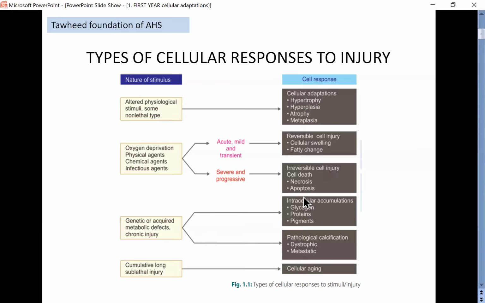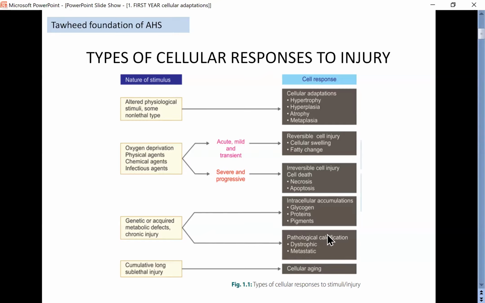If the water content increases abnormally, the water will accumulate inside the cell, or the lipids, or the proteins, or the glycogen, the stored form of carbohydrate, or any abnormal things coming inside the cell, like pigments, inhaled carbon particles during air pollution, or tattoo pigments.